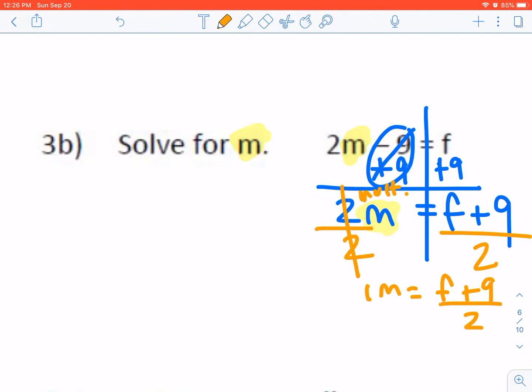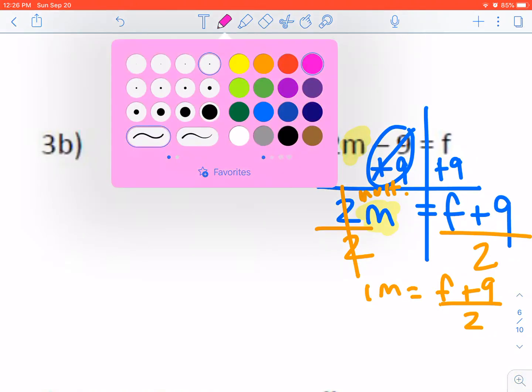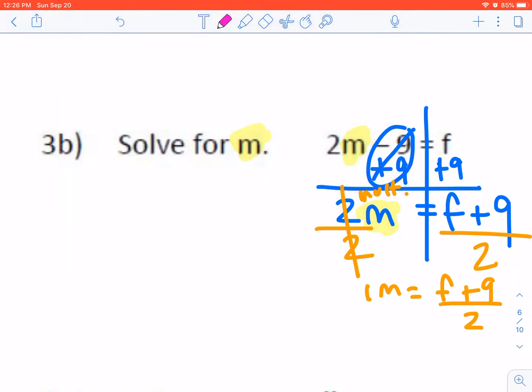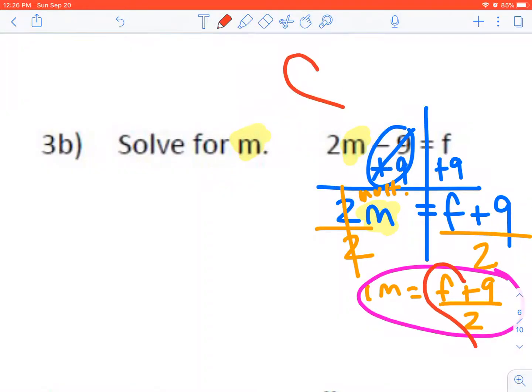Now here we actually have something interesting that's going to start happening, and this is going to happen in one of the ones that you're going to have to do together. Depending on how we want the answer, this is actually a possible answer right here, f plus 9 over 2. But we can also do something that I like to call the heart, which is also on our memory chart, and it's where you break it up.